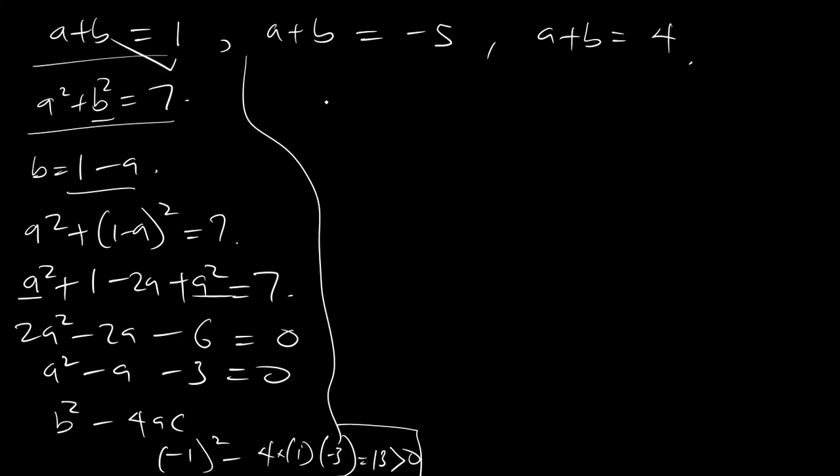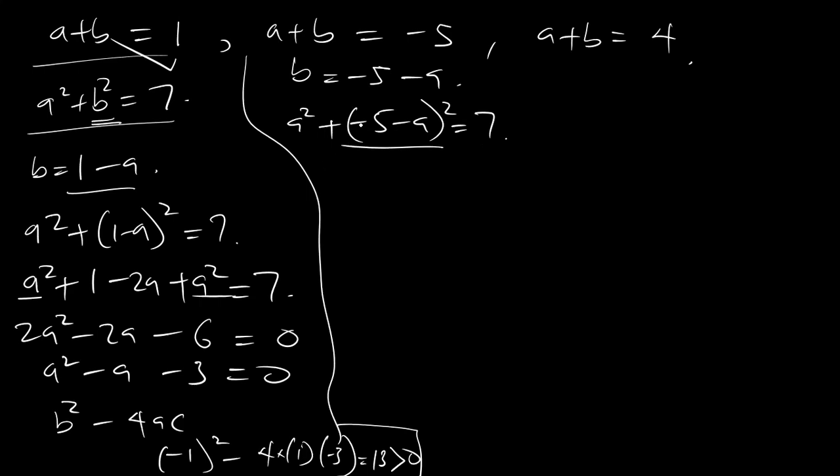Now let's check this one. From here, you have b equal to minus 5 minus a. So if you substitute this into this equation, you have a square plus (minus 5 minus a) all squared is equal to 7. Now if you square this, minus minus will give you plus.